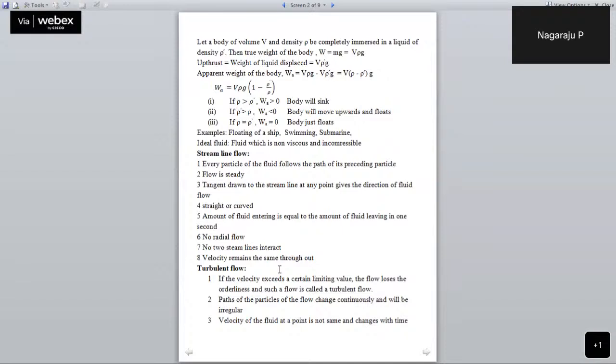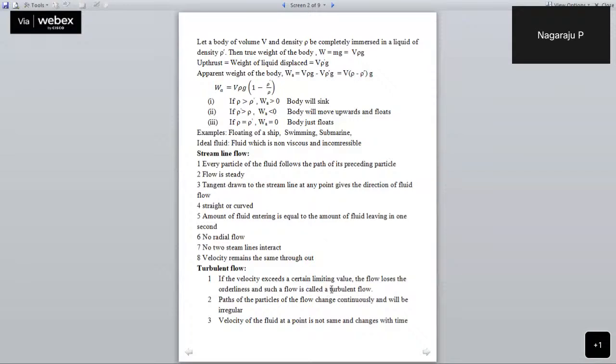No question of something like streamline flow. There is no question of changing the path. See, what you have got, the first sentence is every particle of the fluid follows the path of its preceding particle. But here, after it hits the rock or any other object, it changes its path. And that is why orderliness is altered.